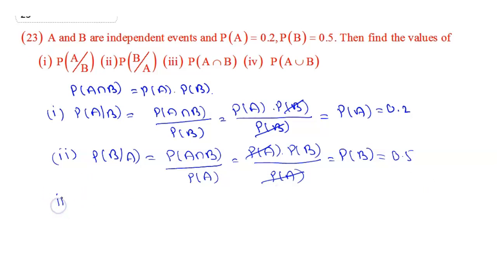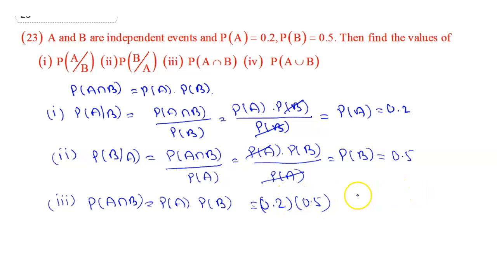Next, coming to the third condition, P of A intersection B, that is equal to P of A into P of B, that is equal to 0.2 into 0.5.